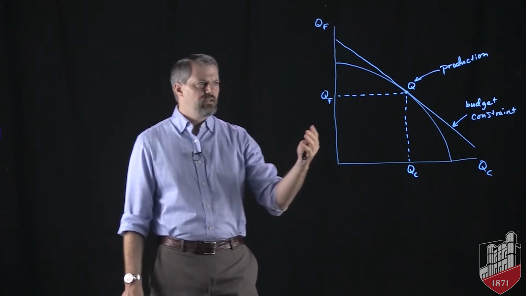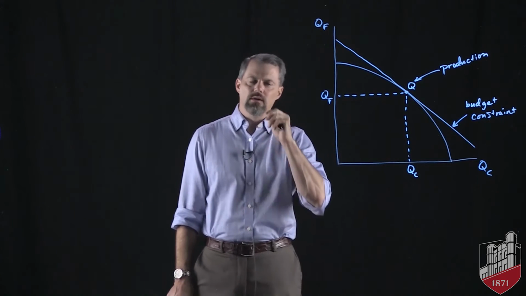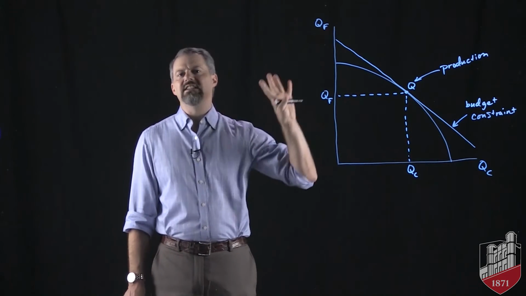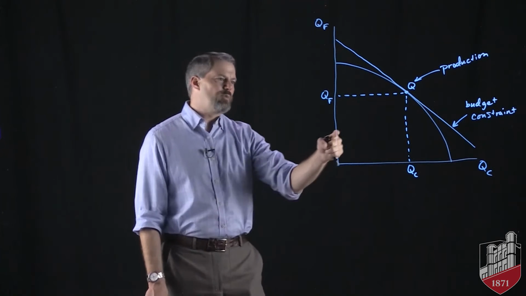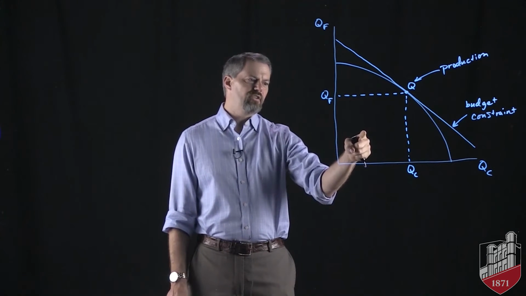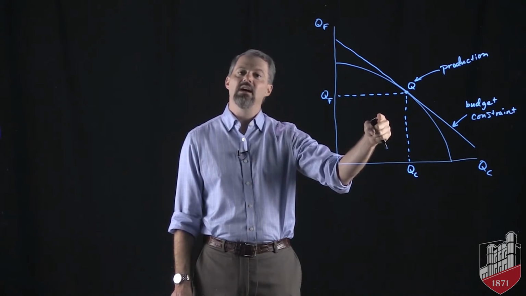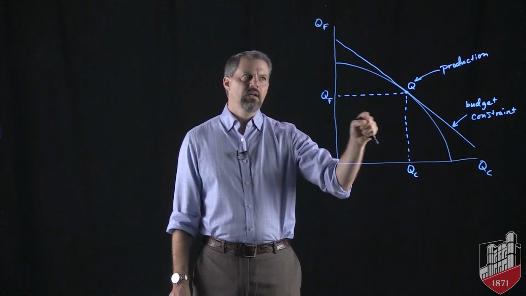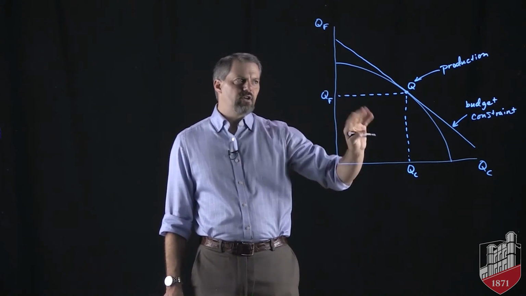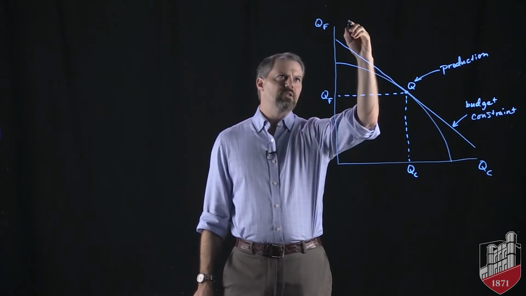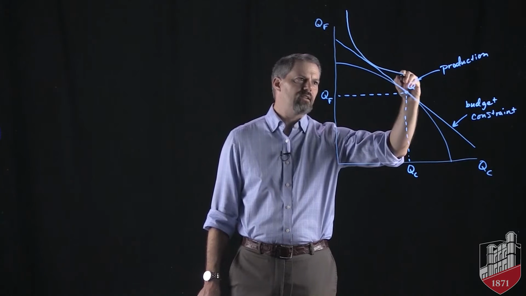Now clearly, we don't want to consume bundles in here because our goal is to reach the highest indifference curve. We want to maximize utility. So we don't want to consume a bundle like this one because we could move to the northeast and consume more cloth and more food and have more utility. So let's suppose that when we put our indifference curves up here and we reach the highest one, that that happens right, let's just say right there.